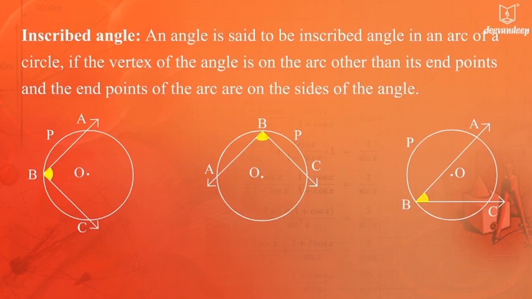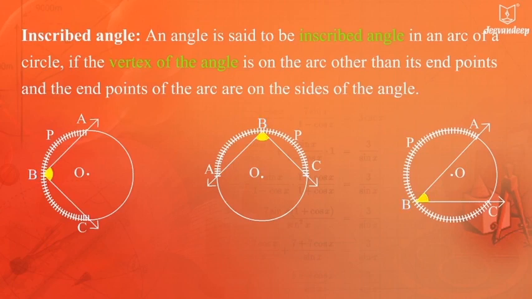An angle is said to be inscribed angle in an arc of a circle if the vertex of the angle is on the arc other than its endpoints and the endpoints of the arc are on the sides of the angle.